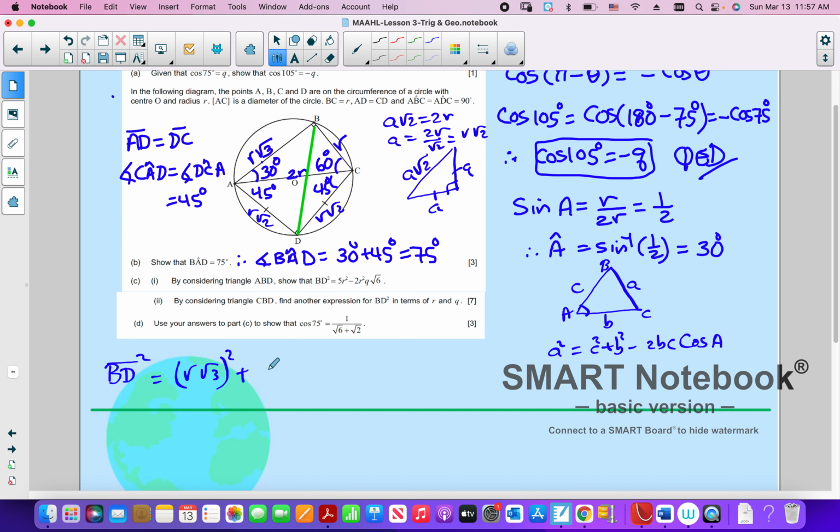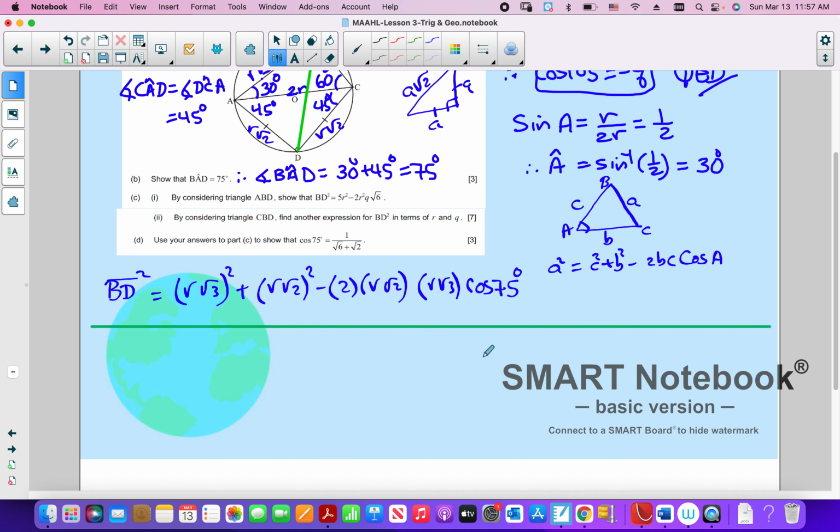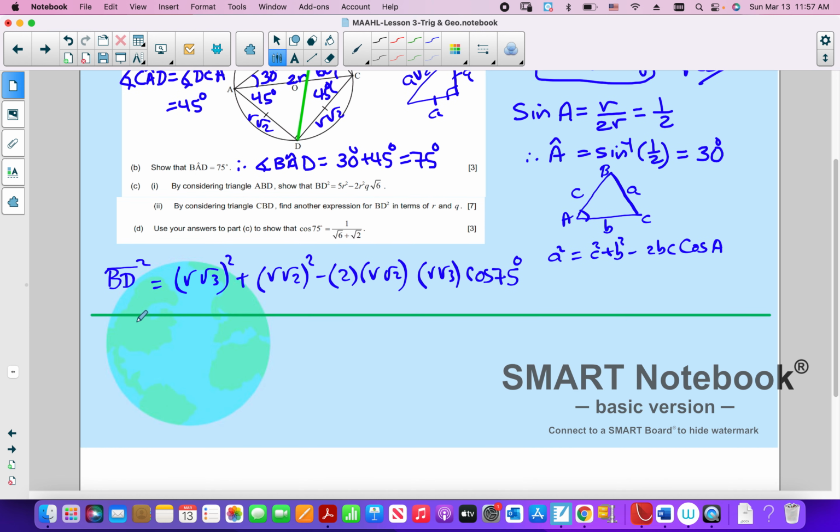So that is plus R root 2 squared minus 2 times R root 2 times R root 3 cosine the angle in between, which is cosine 75. Simplify that.